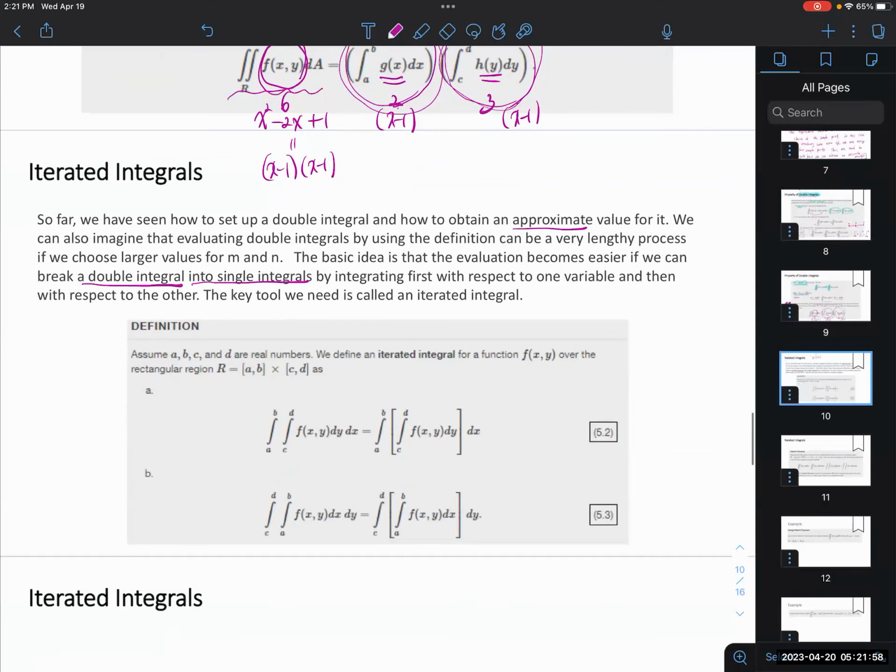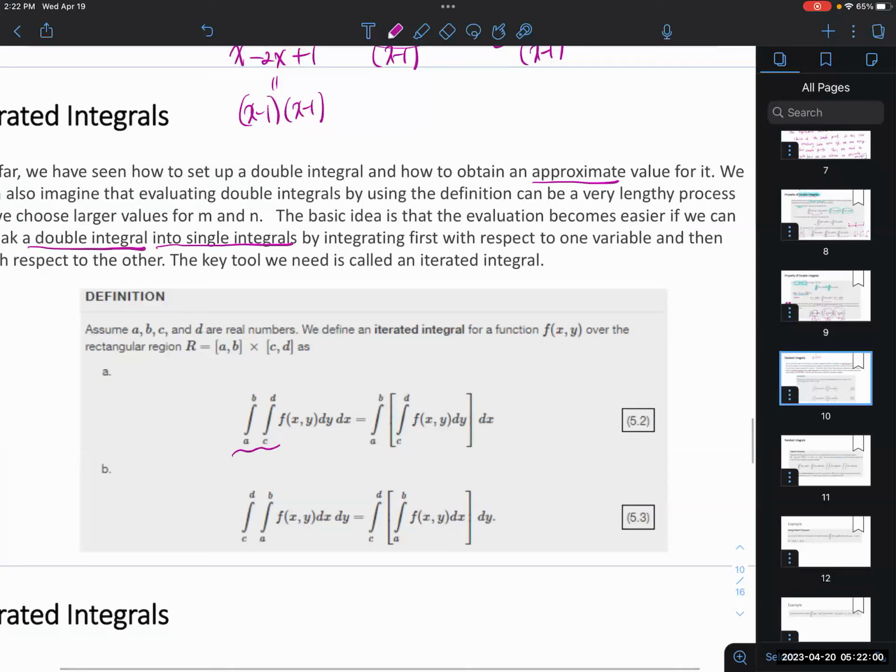So here is the thing. Here, I have a function f of x and y, and then I have a specific interval for the x-axis, a to b, and a specific interval for the y variable, c to d. So watch me. You have two different scenarios. You can take the integral with respect to the y variable first, then dy should be inside.